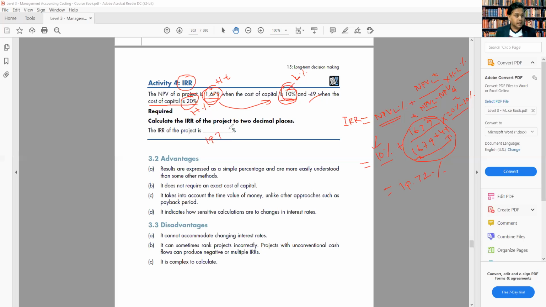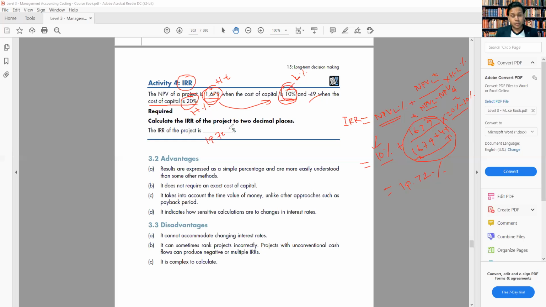Even though this question will hardly be tested in the exam, you still need to know, because there might be a question from the IRR, but it is not a big area for you. It's just a little understanding, and it will not come as a huge question. But it's better to remember the formula if the question comes in the exam. Otherwise, you will not be able to answer it.